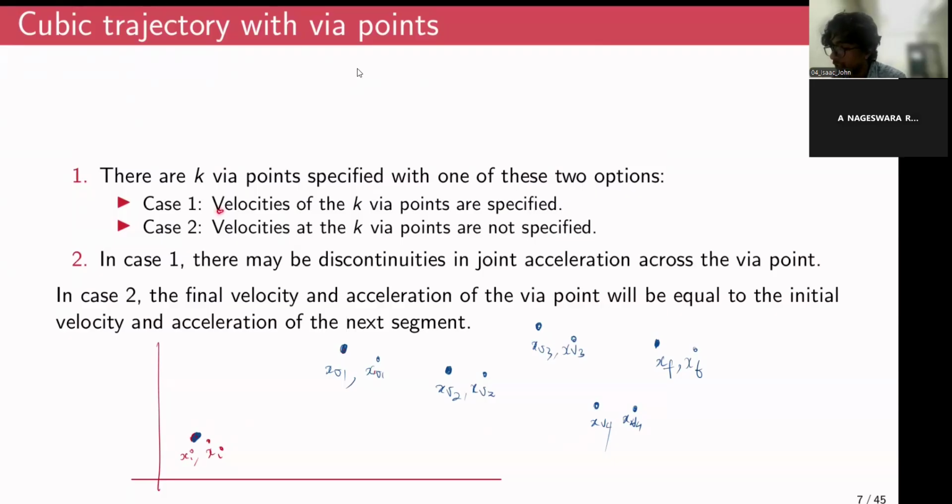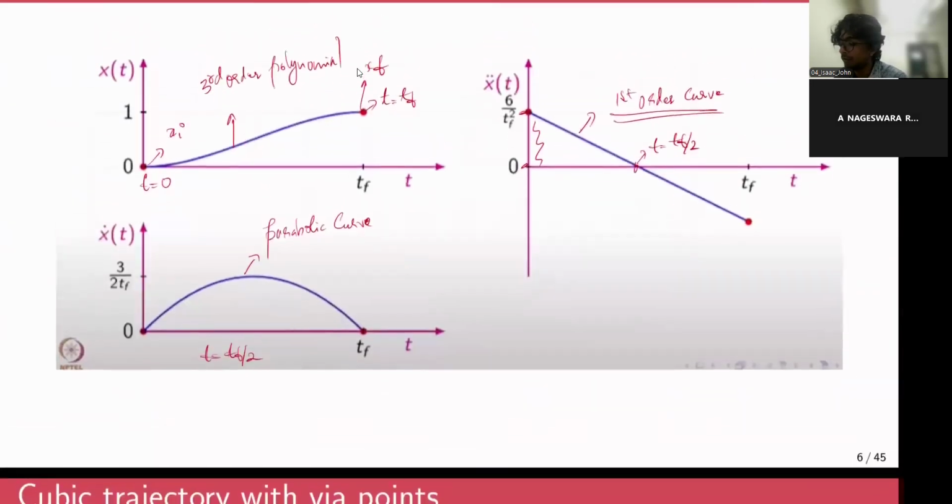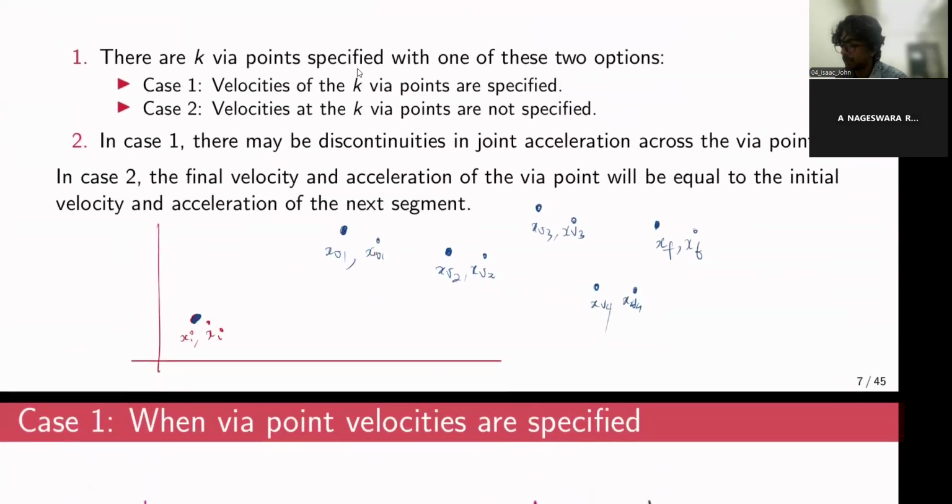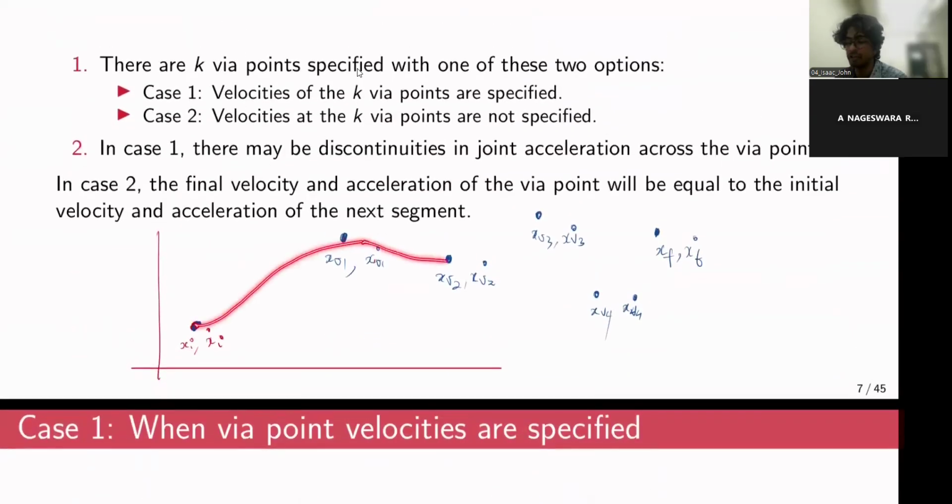For the first case, in case the velocity of k via points are specified, what we have to do is we only have to repeat whatever we have done earlier. We basically derived the system of equations of the form ax equal to b, and then we find the coefficient x as a inverse b. We only have to repeat that between each of these individual sections.